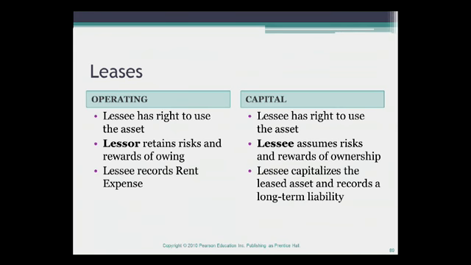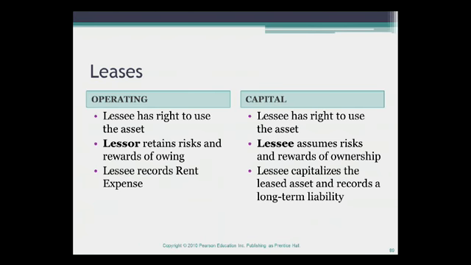Okay, the lessee here records rent expense for the amount that they pay to lease the item. So here, let's say the company's leasing a piece of equipment. The lease provides that the company has the right to use this equipment during the term of the lease.